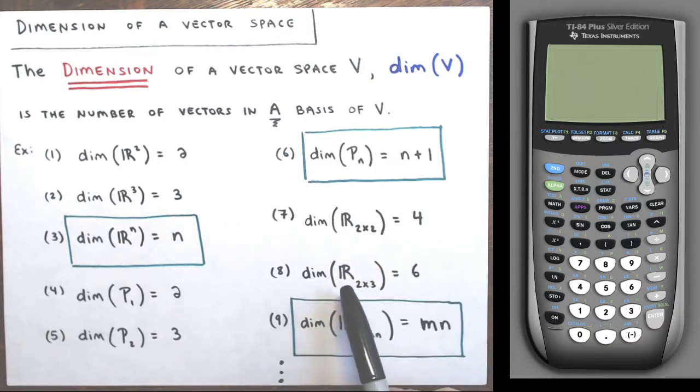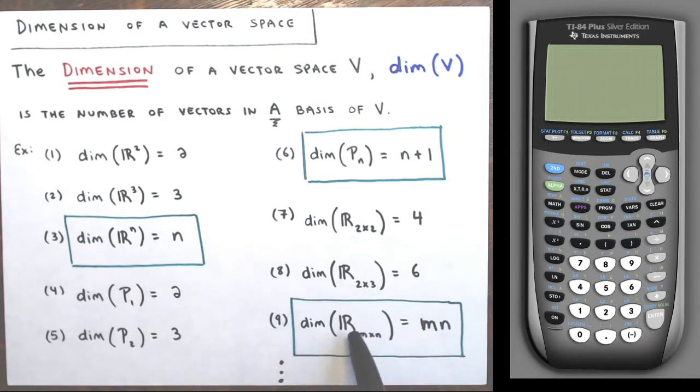You saw earlier the 2 by 3 matrix vector space had a standard basis with 6 vectors in it. And again, it's just the product of rows by columns. So the dimension of our 2 by 3 is 2 times 3, which is 6. And every basis of that space will have 6 vectors in it, 6 matrices.